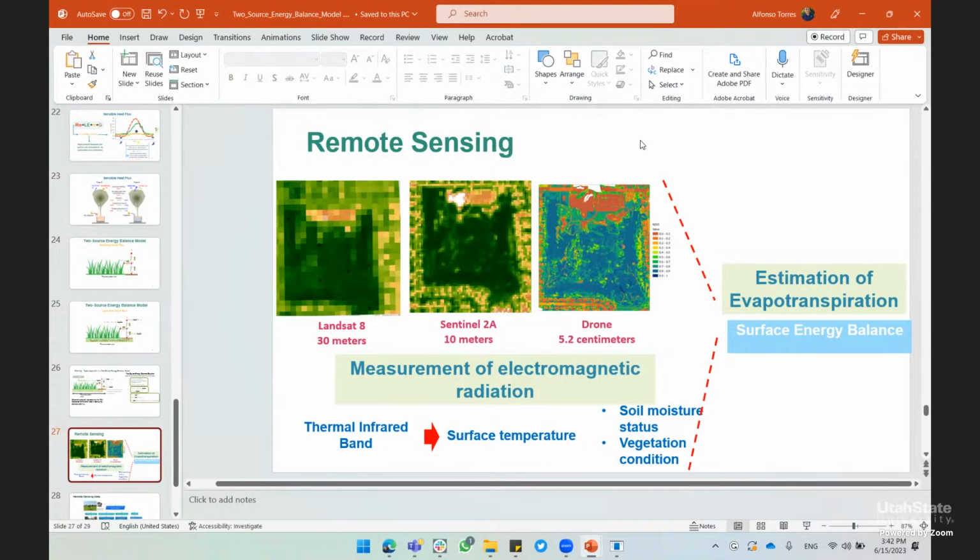Over the several years that we have studied the two-source energy balance, this is going really well. The accuracy is good, and we tested what happens if we have shadows in the image, and what happens if we change the resolution of the pixel data.